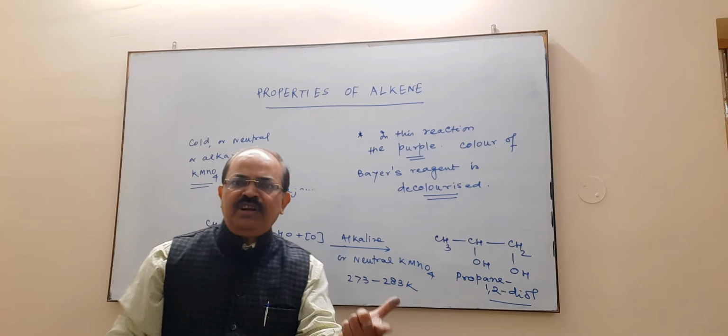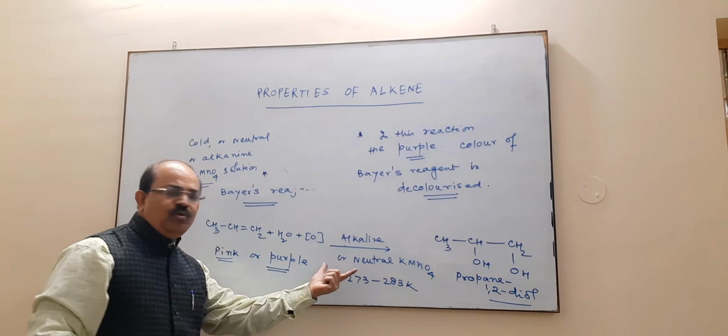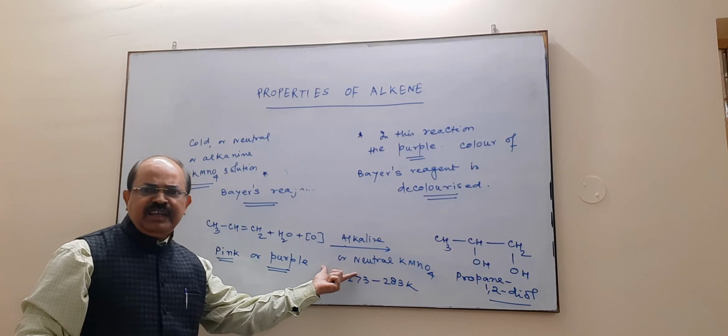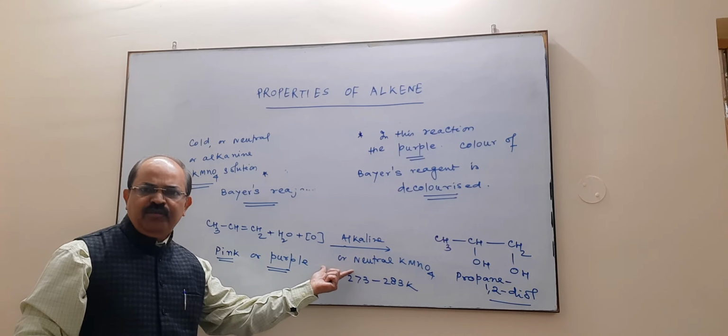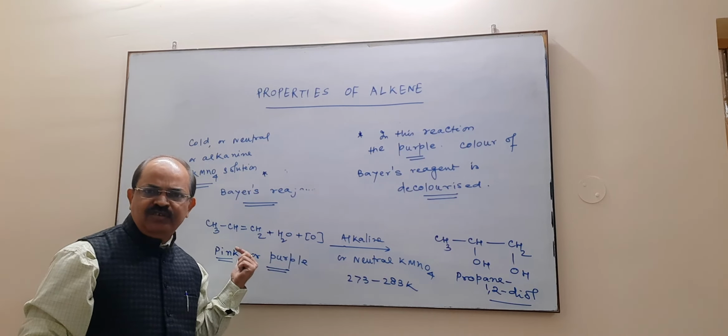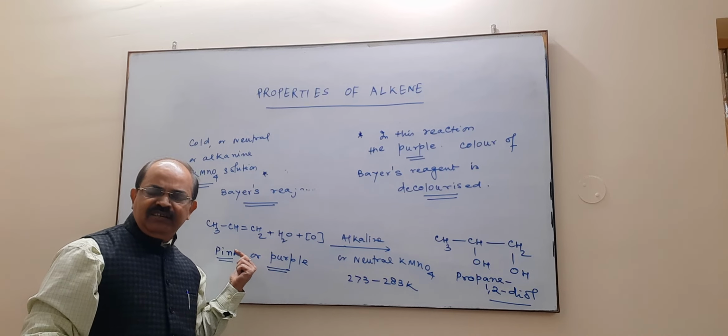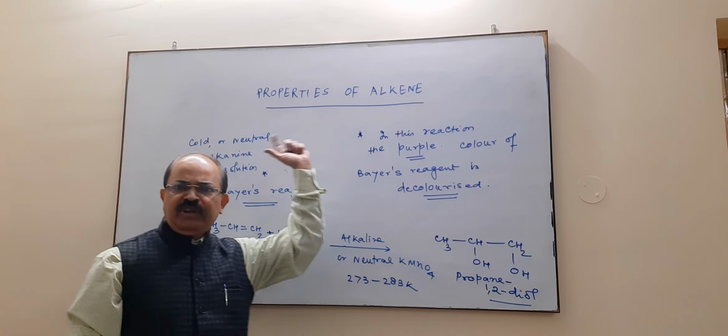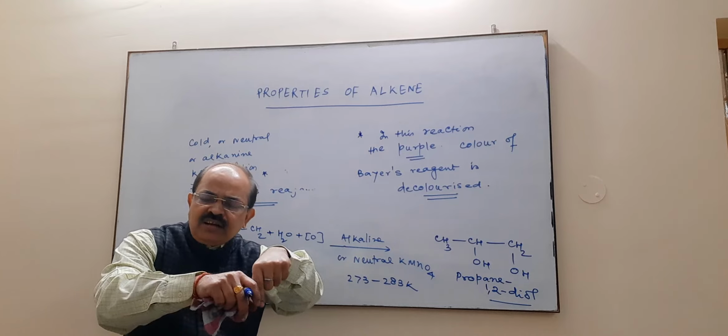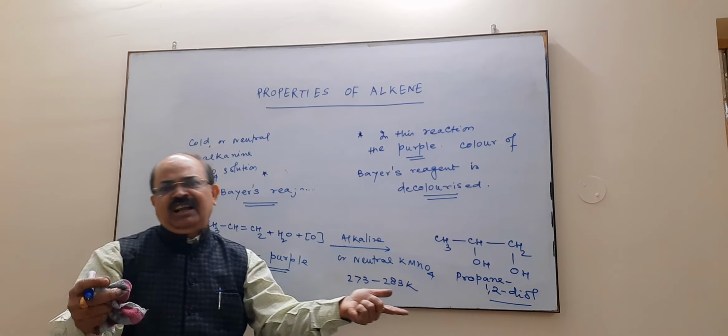तो ये तो बहुत अच्छा टेस्ट हुआ कि if you add this neutral KMnO4 or alkaline KMnO4, which is your Bayer's reagent, to an alkene, then the color of potassium permanganate will discharge or decolorize.